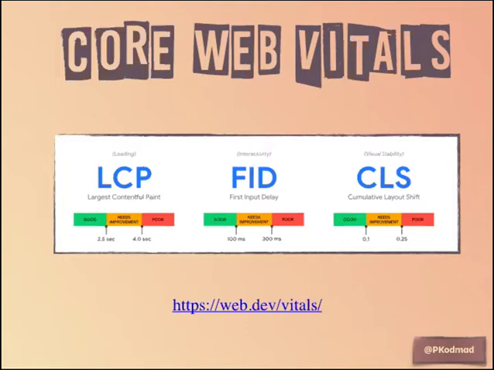There's a threshold in which your users are happy. There are thresholds up to where it's acceptable, and beyond which your web performance is really bad. So that's an overview of the core vitals.